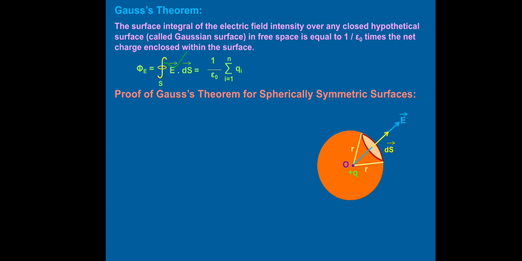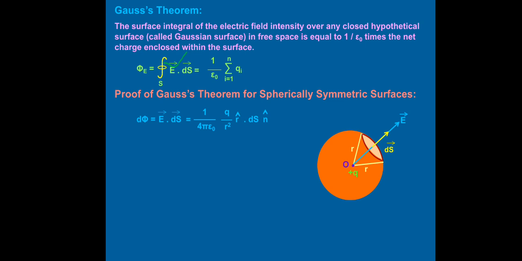Now the electric field for this charge will be outward from the charge to infinity. Then at this surface the direction of electric field will be perpendicular to the surface, which is the direction of the area vector of this small area ds. Then the small flux d phi through this small area will be equal to E dot ds.